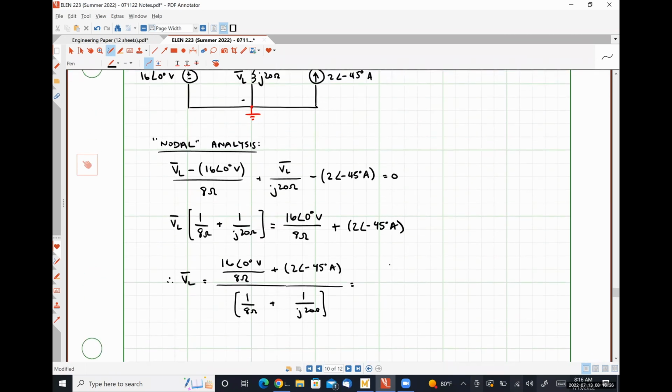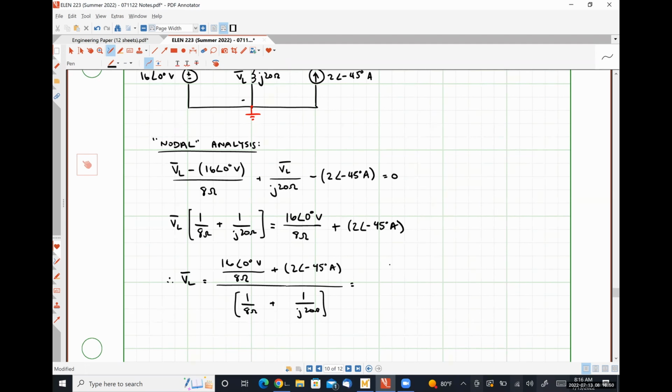But just to make sure, let's throw it into our calculator. 16 angle 0 over 8 plus 2 angle negative 45.